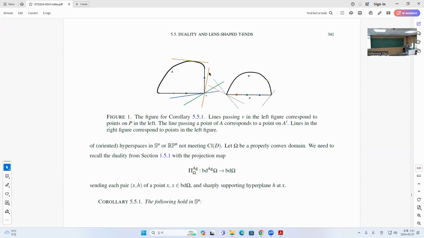So if you have a cone, then this set of hyperplanes actually now becomes points on this convex domain, and A now goes to this A prime, and it has to be tangent here.